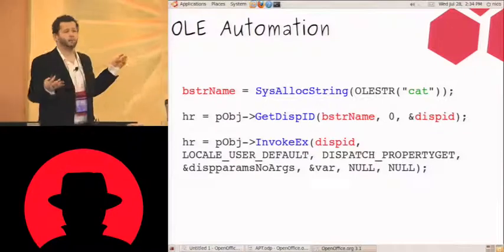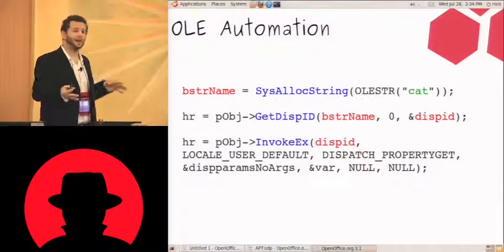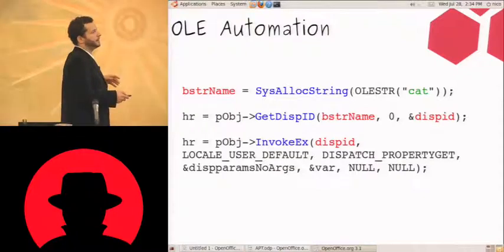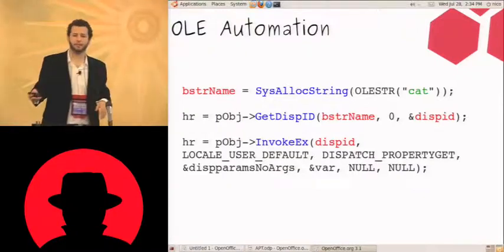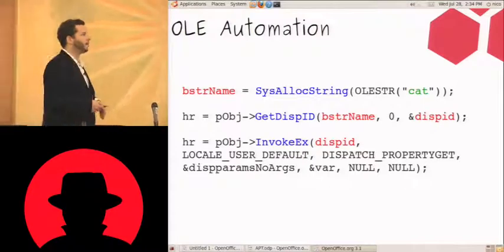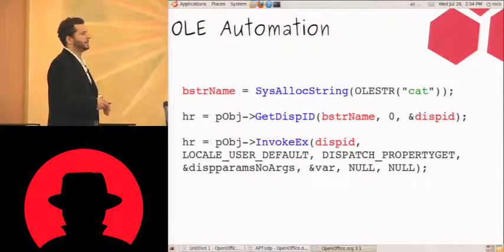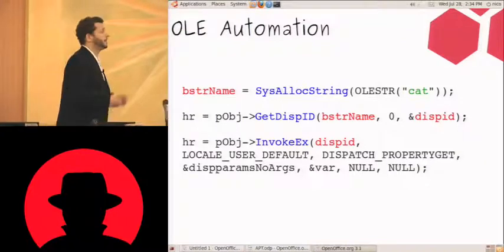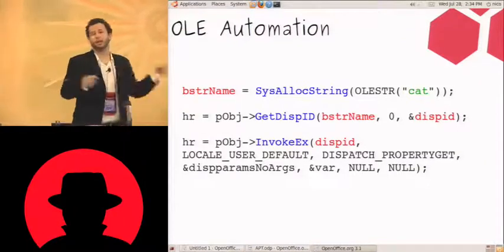If you have an object which is an IDispatch, you ask for GetIDsOfNames, sending in the name of the property or the method, and then you call InvokeEx with the ID that was obtained through GetIDsOfNames. You get that number, and with that number, you actually call the method of the property.